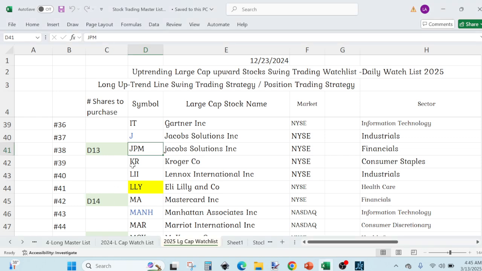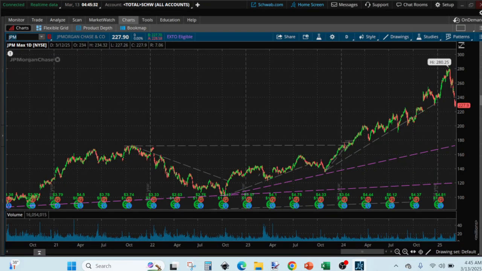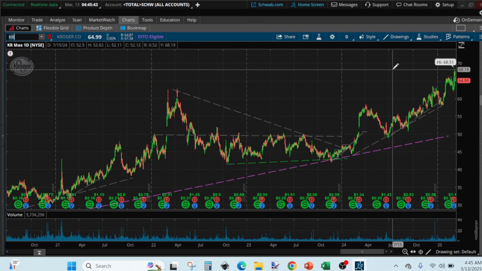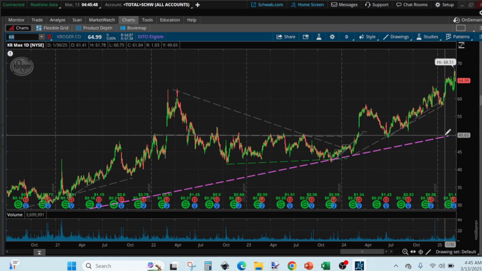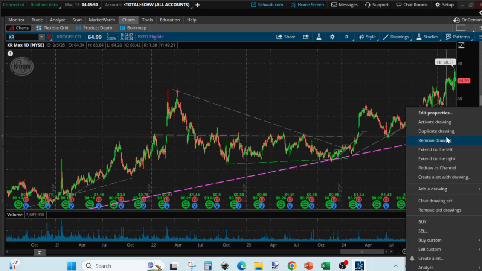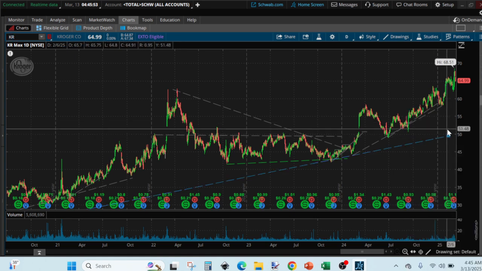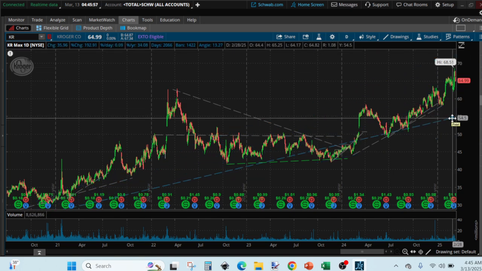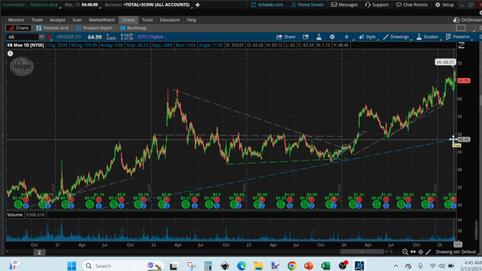The next one we are going to analyze is KR. And KR is going up. Yesterday the price went down, but again the uptrend line that we like to buy at is still far below where the price is right now.